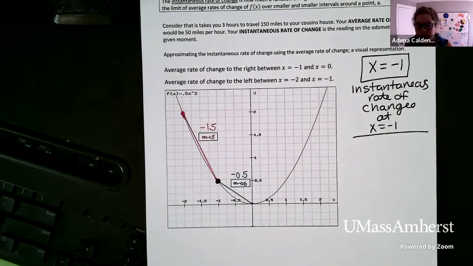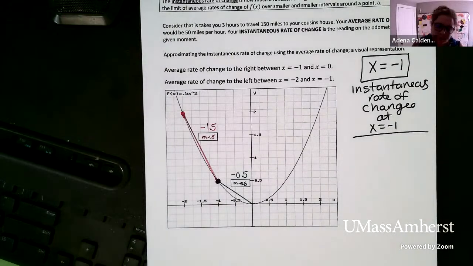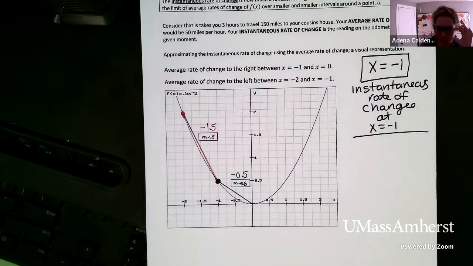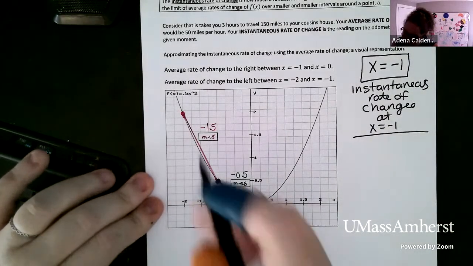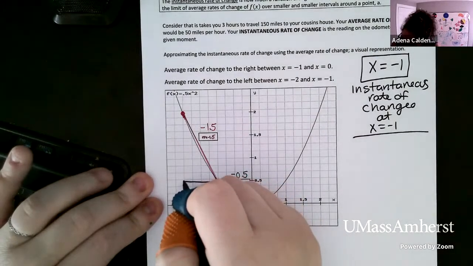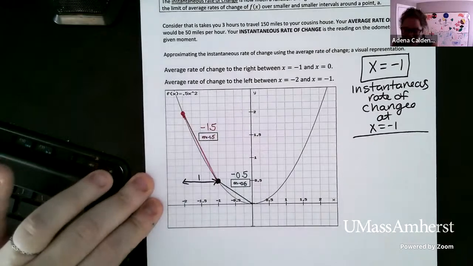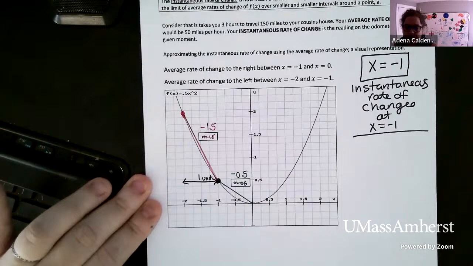And so when we do this, this is very similar to when we started looking at limits and we picked something a little bit to the left and a little bit to the right to see what was happening, right? That same idea is being applied here. And so for this first visual, the amount that I picked is 1 unit, right? So from -1 to -2, that has a difference of 1.